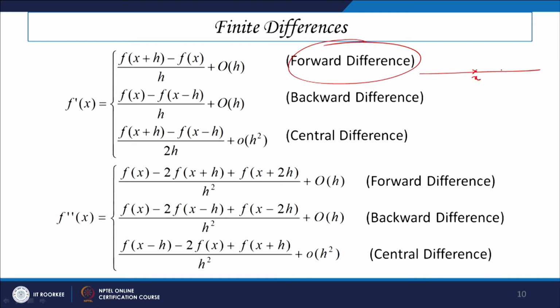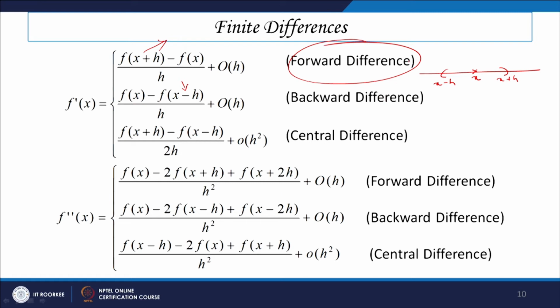One step marching forward gives the point x plus h, and one step backward marching gives x minus h. So this is called the forward marching formula, since we move one step forward, and this is called the backward marching formula, since we move one step backward.